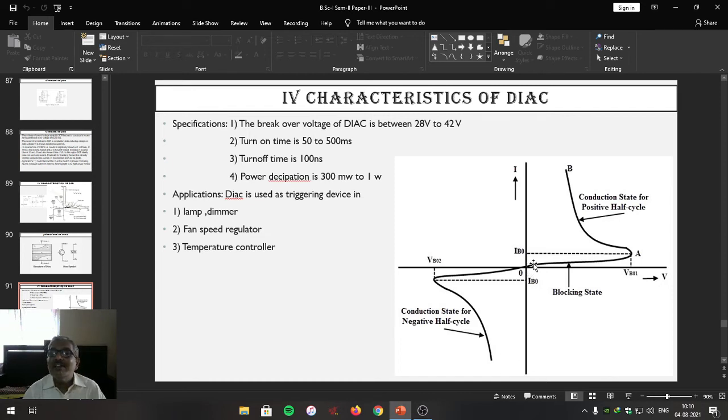If you look at the IV characteristic curve, at the beginning, when MT1 is positive, MT2 is negative, the working layers are P1, N2, P3, N3. That keeps the voltage and current 0, only because Z1 is forward biased, Z3 is forward biased and Z2 is reverse biased. In this condition, diac doesn't conduct the current.